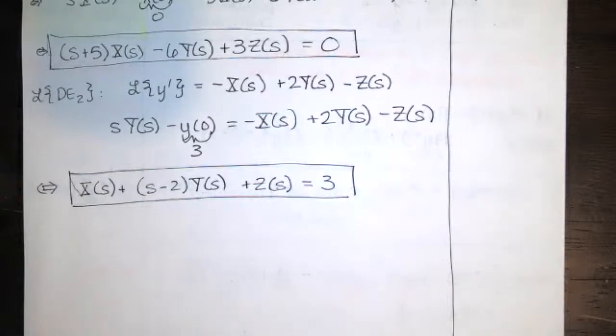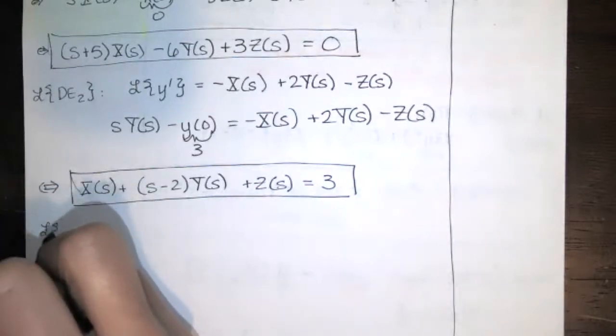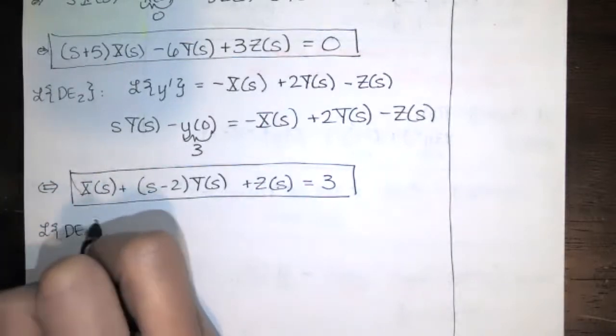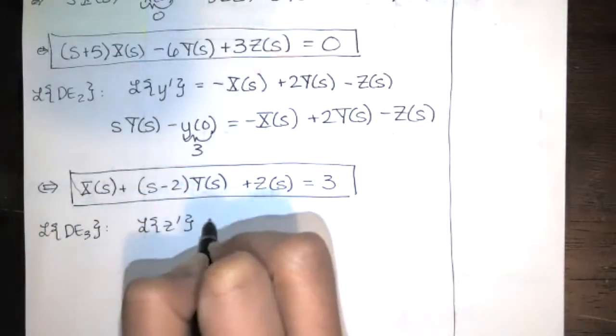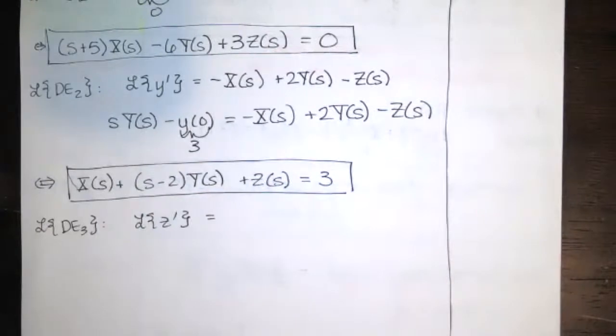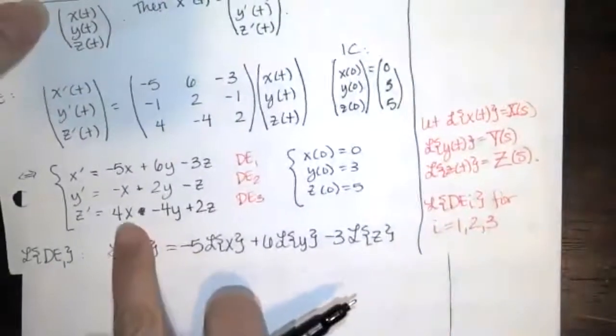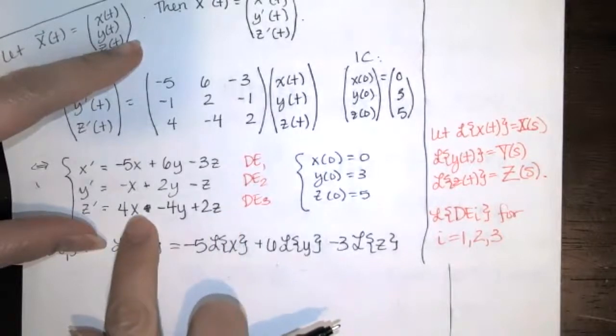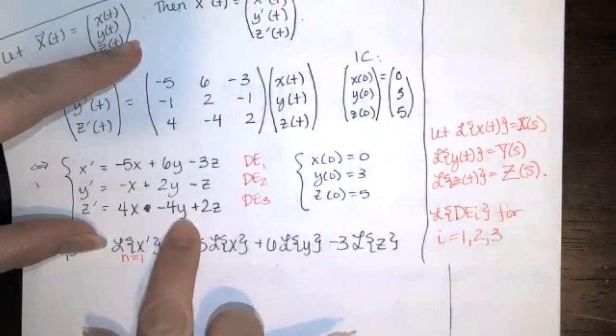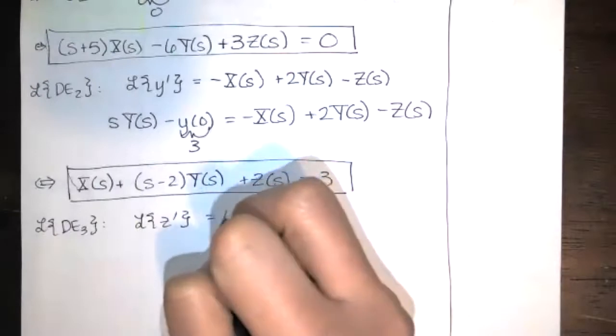I just need 3 equations and 3 unknowns, and I can find the last equation by taking the Laplace transform of the third differential equation. So I have the Laplace transform of z prime is equal to the Laplace transform of all the expressions on the right-hand side. So that'll be 4 times x of s minus 4 times y of s plus 2 times z of s.